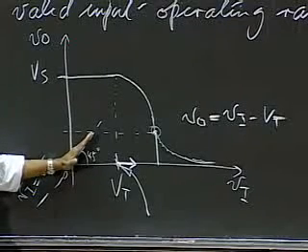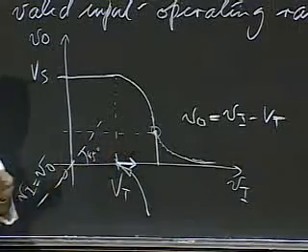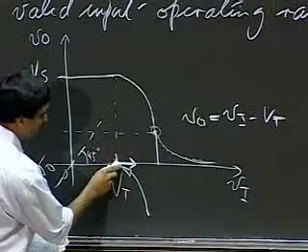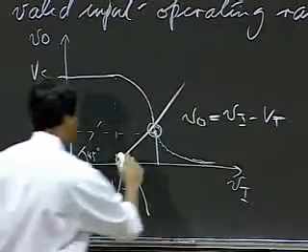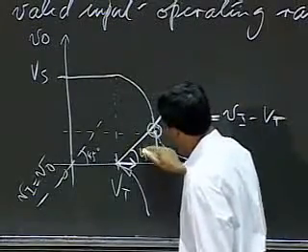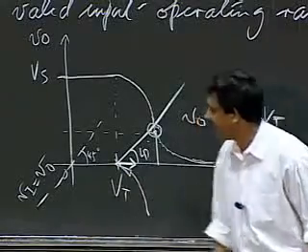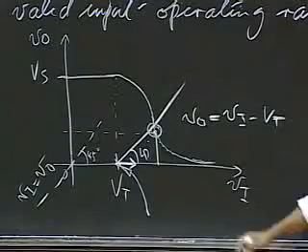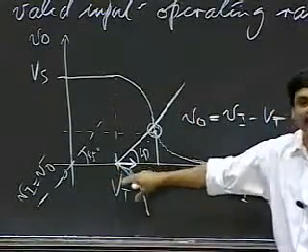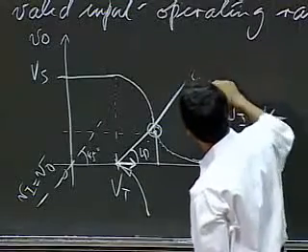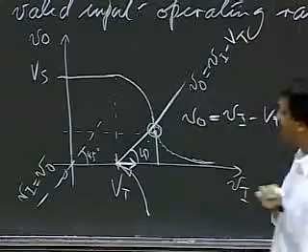If I take that line and begin translating it to the right, let's take a line here, and a line there, that line will be simply V0 equals VI minus VT.